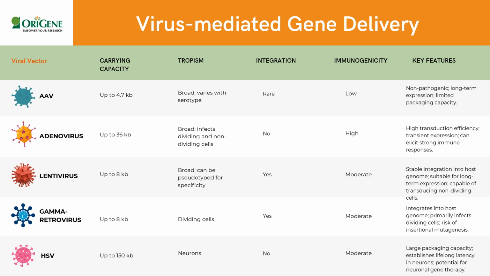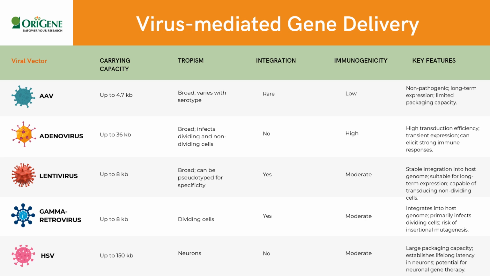And then let's return to the top of the table and the star of our webinar, AAV. AAV's ability to deliver genes with long-term expression and minimal immune response makes it ideal for a wide range of therapeutic applications.